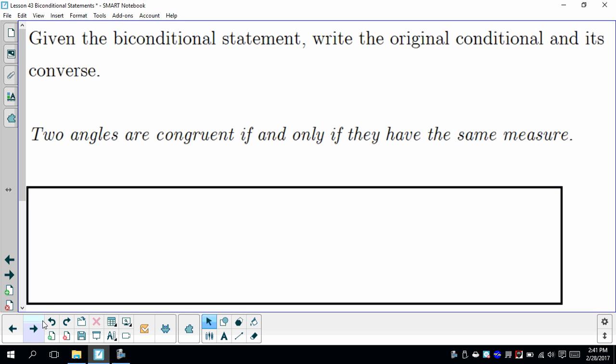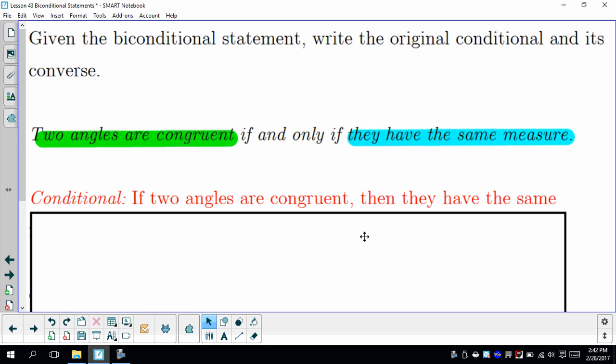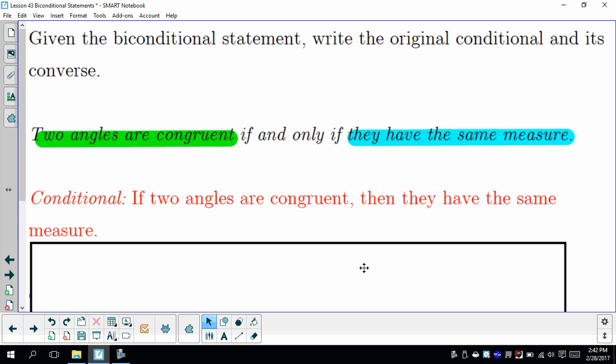So pause here and give this one a shot. Two angles are congruent is our P. They have the same measure is our Q. We're going to get rid of if and only if, because now we're going to write the regular conditional. So we put our if-then back in there to get if two angles are congruent, then they have the same measure.